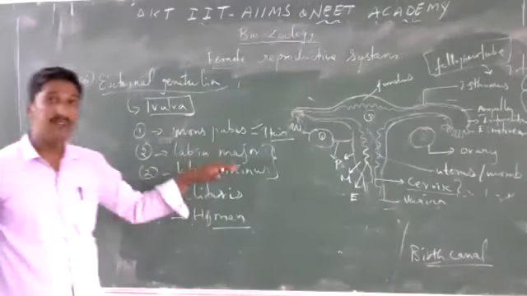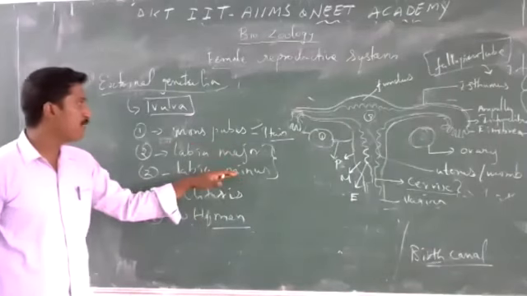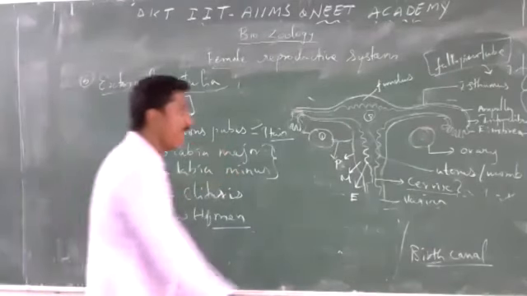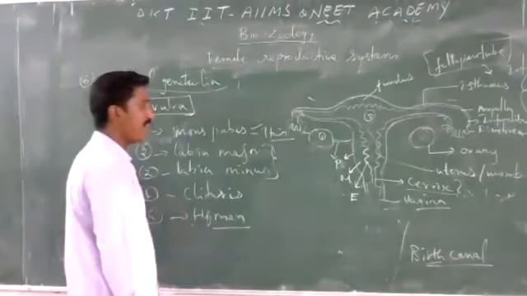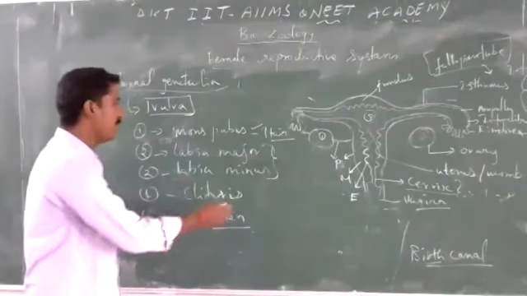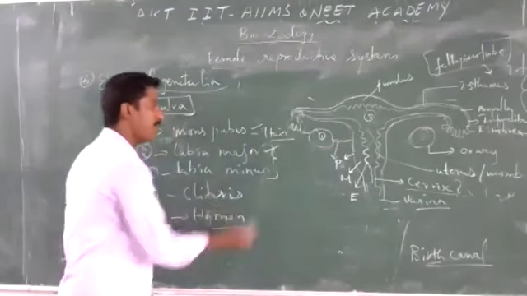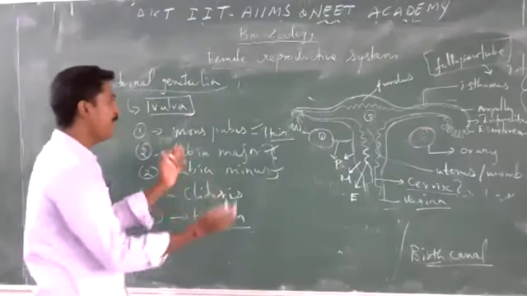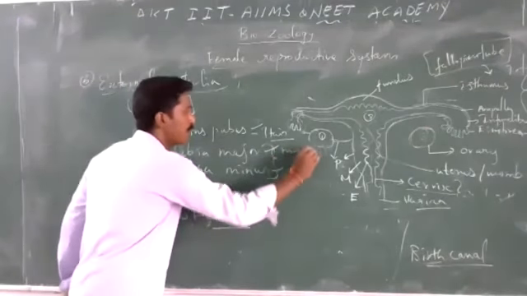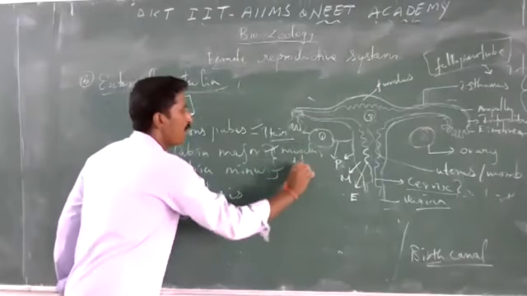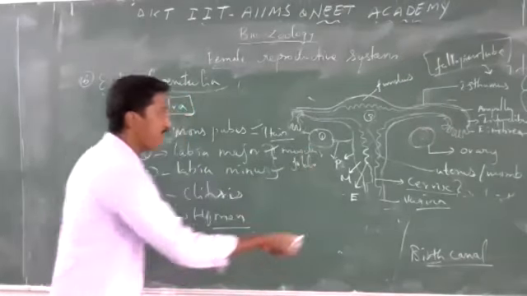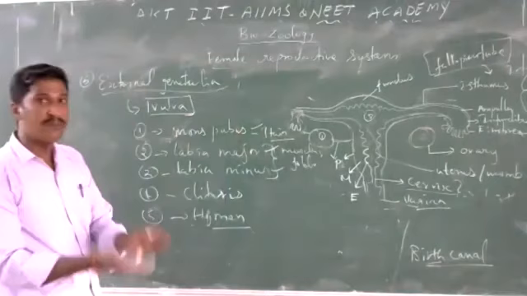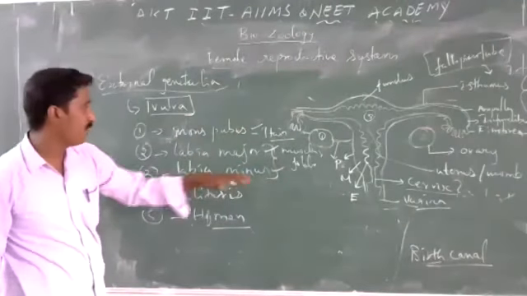Both are muscular folds that cover the vaginal opening. The outer region is the labia majora, and the inner region is the labia minora. The vaginal opening is also called the external orifice.